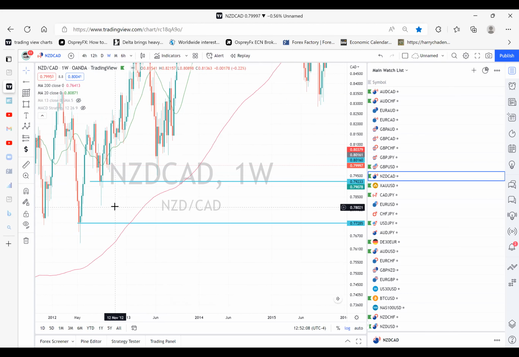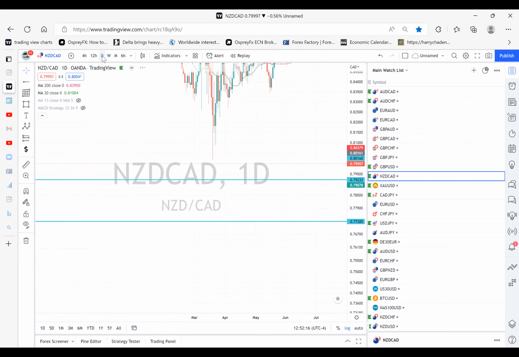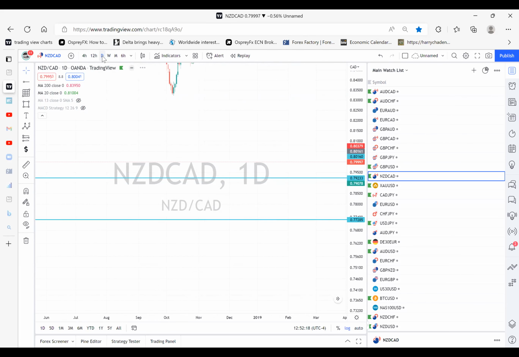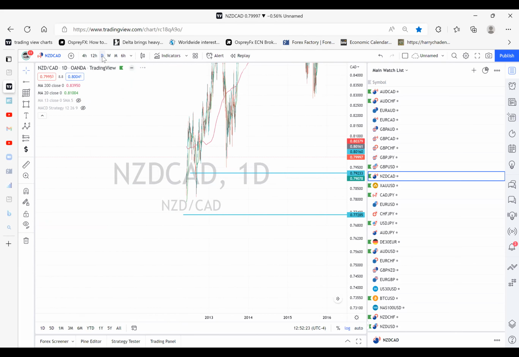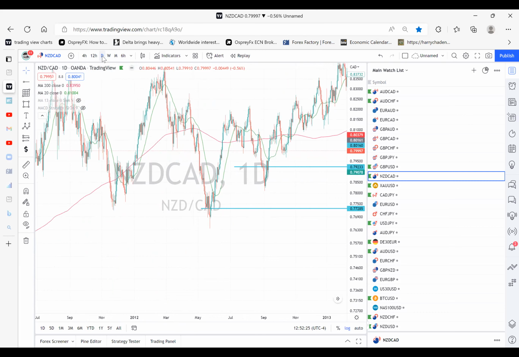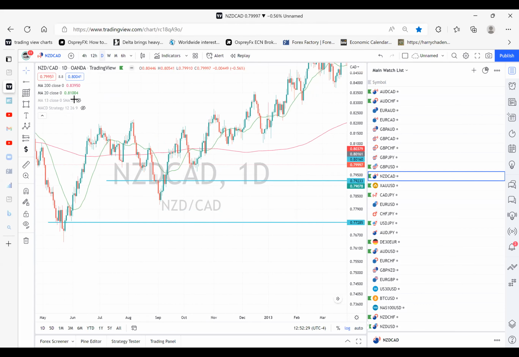Maybe I should mark this up. What's the daily? I think the first line you have is an actual order block on the daily. Yep, it is right through the order block. And I'll mark this one up because there's another order block right there.